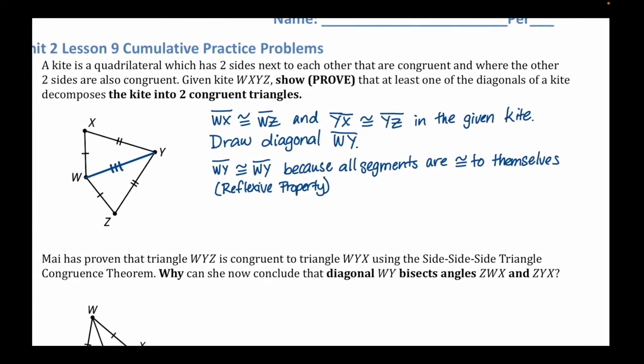So now that we have the three pieces, we can now make a statement. Oops, that's an eraser. We can make a statement about the triangles.